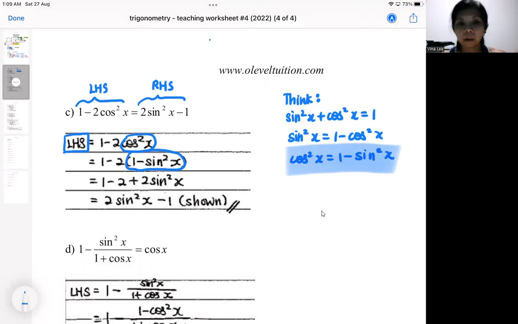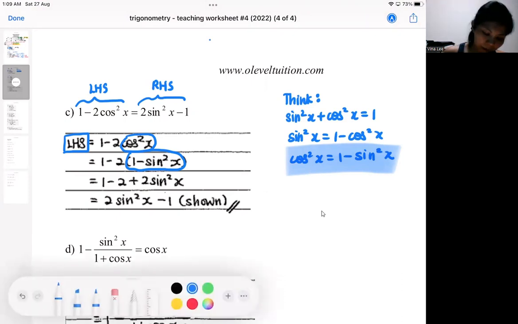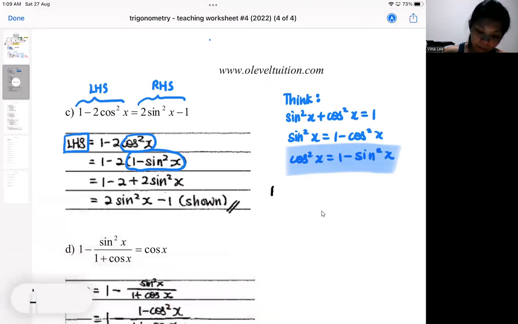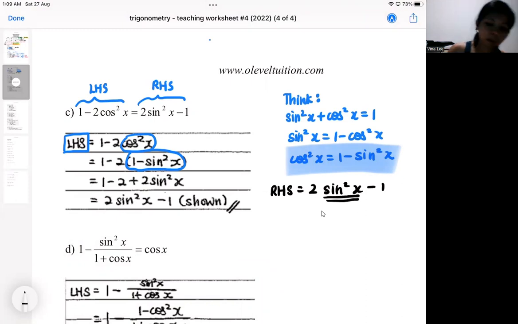If you are starting from the right-hand side, then you should be thinking about how to get rid of sine squared so that you can get a cosine squared. So you should be using this formula.